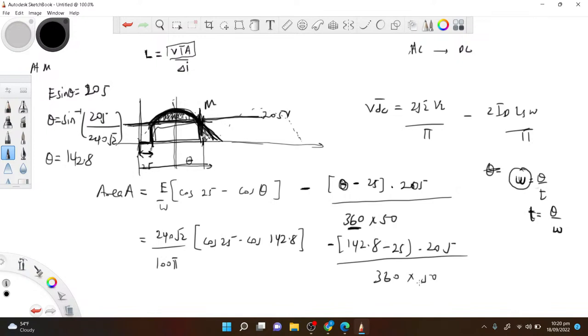So you do 240 root 2 over 100 pi times the open bracket, cos of the answer minus the fraction at the top.